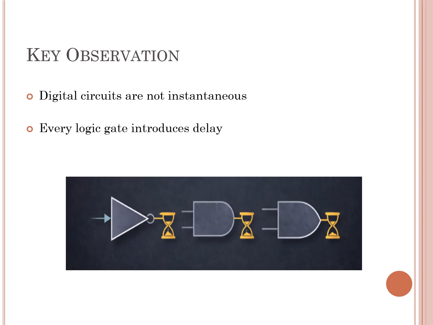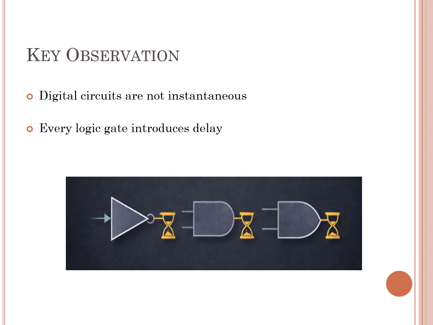Second important observation is every logic gate introduces delay. Look at the chain of gates. First gate, then a small delay. Second gate, then another delay. Third gate, then more delay. These delays keep adding up. So, if your signal passes through multiple gates, total delay becomes larger and larger.